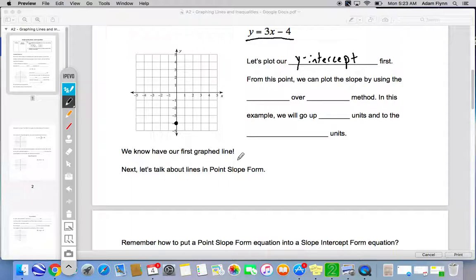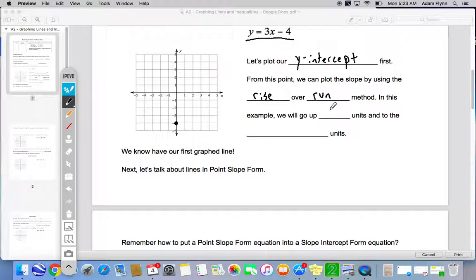Okay? From this point, we can plot the slope by using the rise over run method. In this example, our rise would be 3, and because this is a whole number, our run would be 1, because 3 is the same thing as 3 divided by 1.